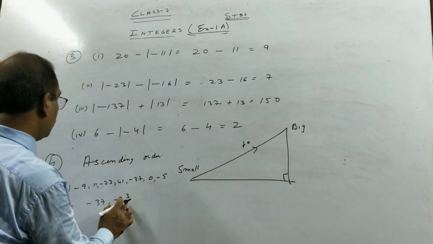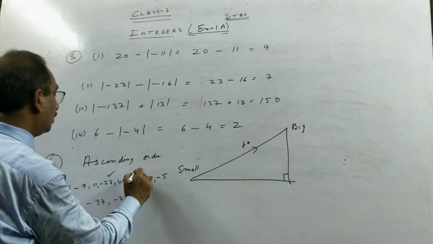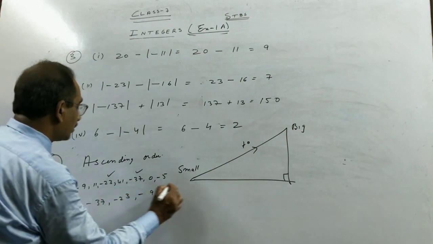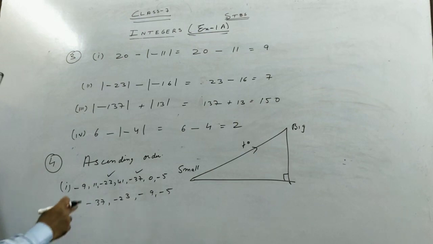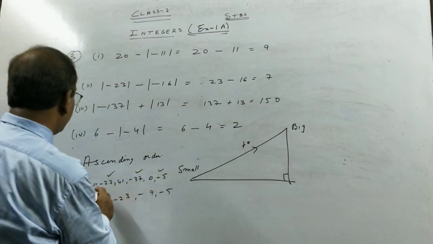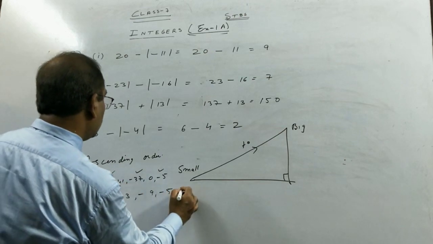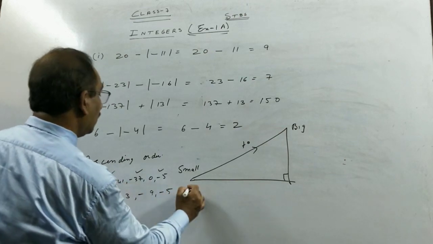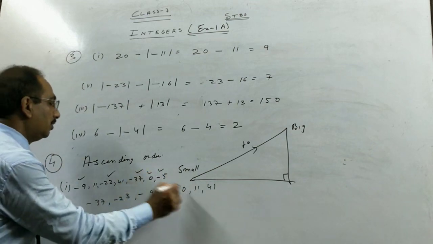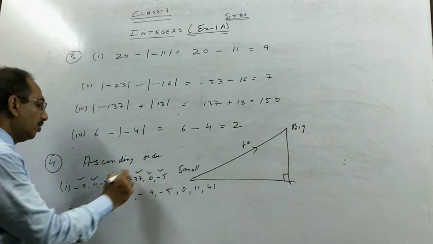Then we have minus 9, minus 5, and the negative numbers are done. Then next we have 0, 11, 41. 0, then we come to 11, then 41.